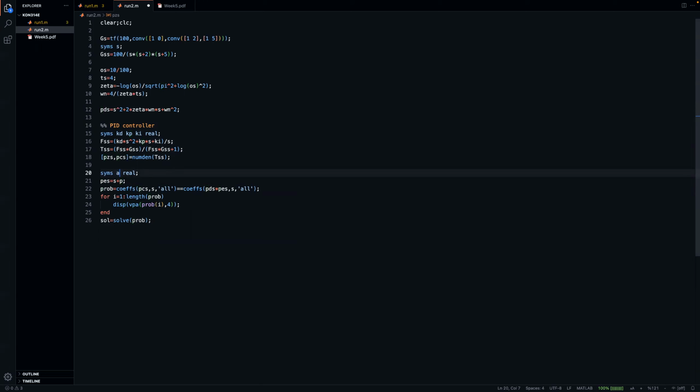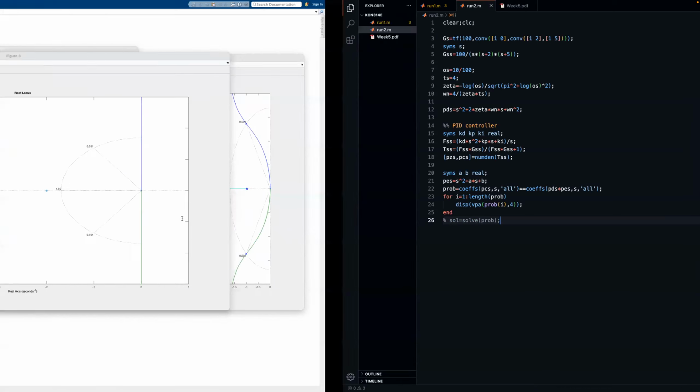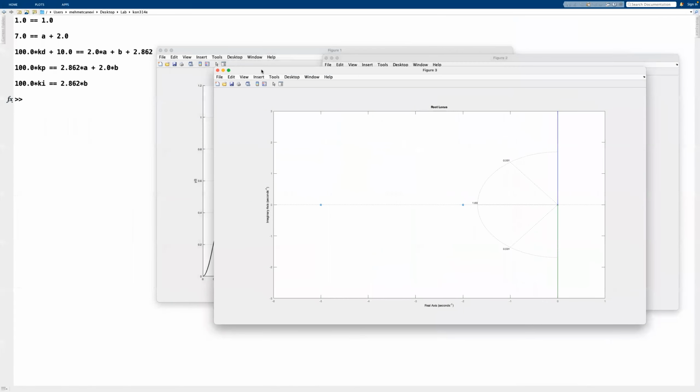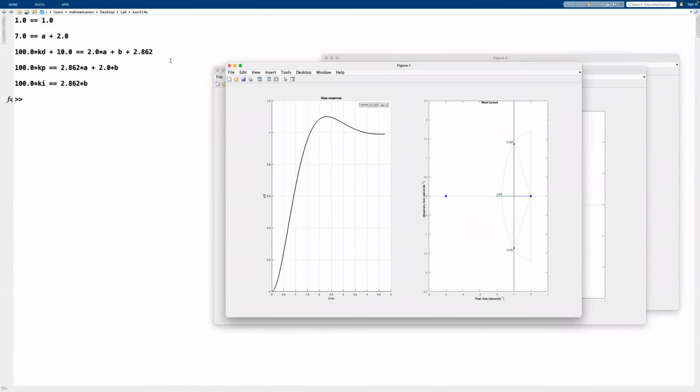So we have to have A and B, a second order residue polynomial like this. Once that's done, I'm just going to hide this one here. And let's run 2. This is the set of equations that we should look at.